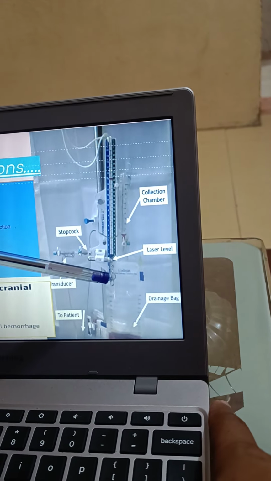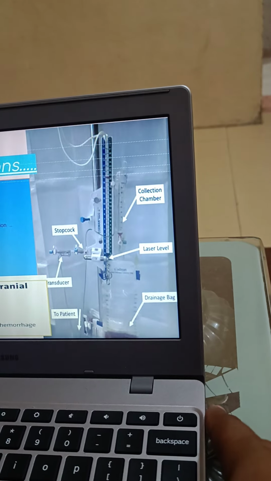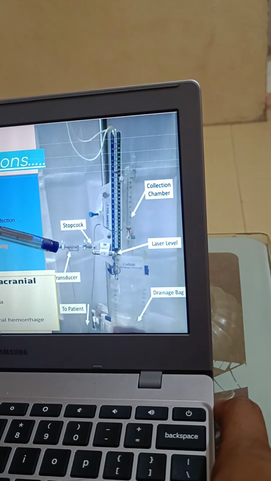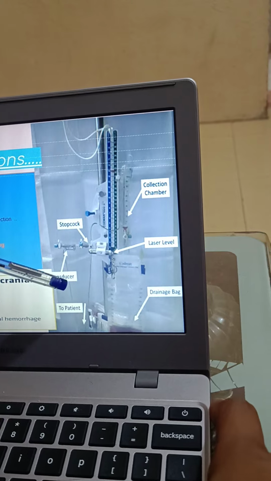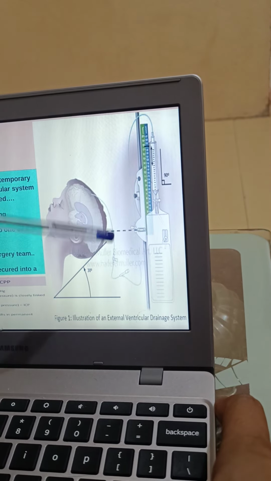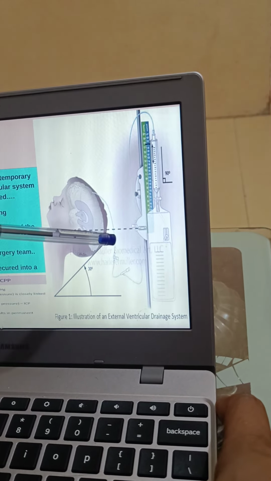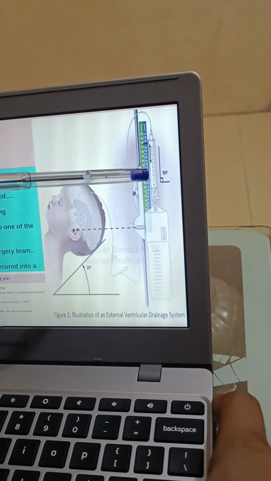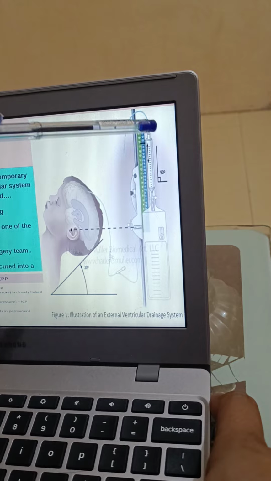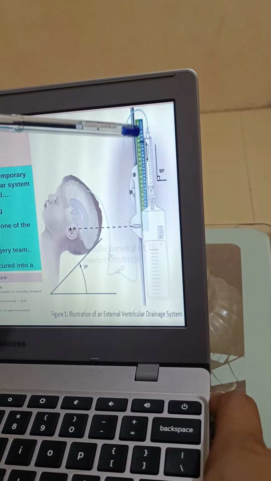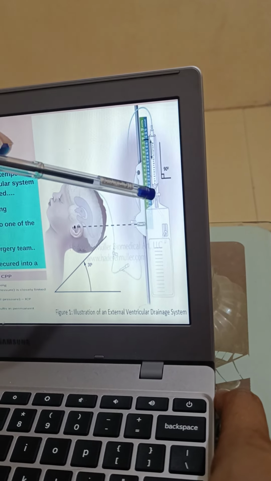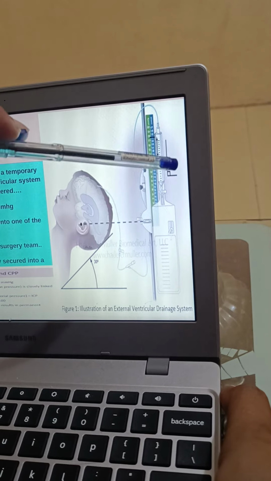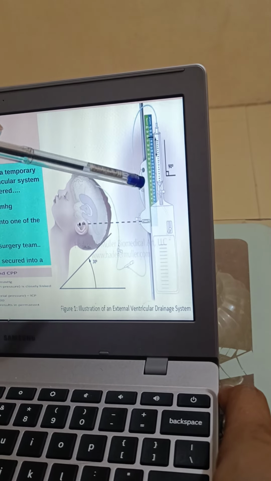When there is less CSF drain output from this EVD, the doctors usually adjust the pressure. It is mandatory that whatever increasing or decreasing of the pressure is done by the neurosurgeon.